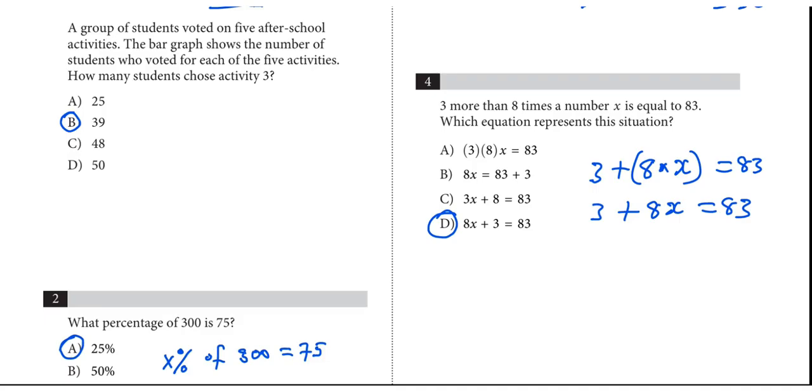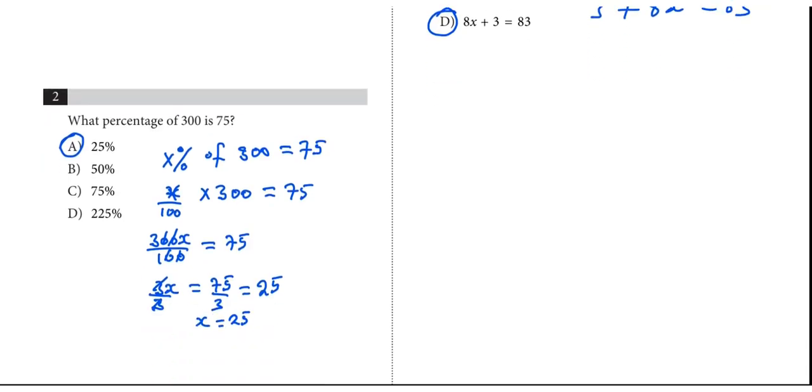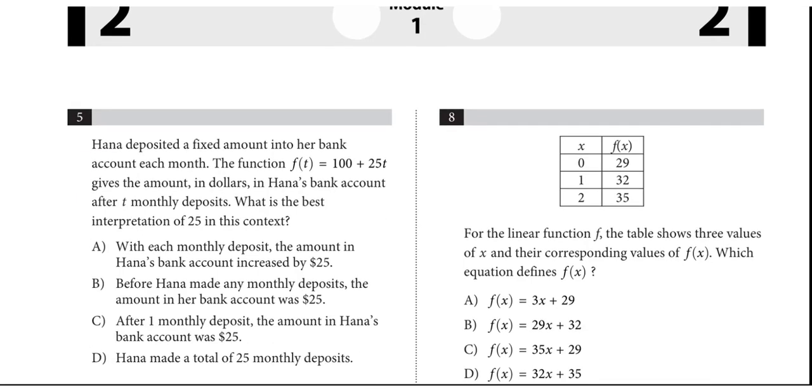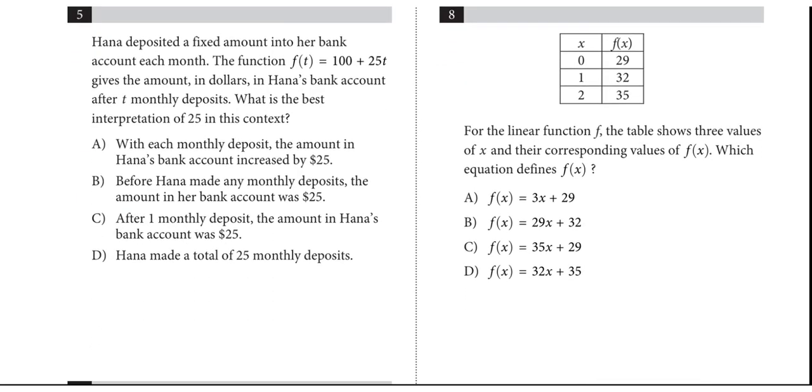Okay, so let's go to the next one, question 5. Hannah deposited a fixed amount into her bank account each month. The function f of t is equal to 100 plus 25t gives the amount in dollars in Hannah's bank account after t monthly deposits.